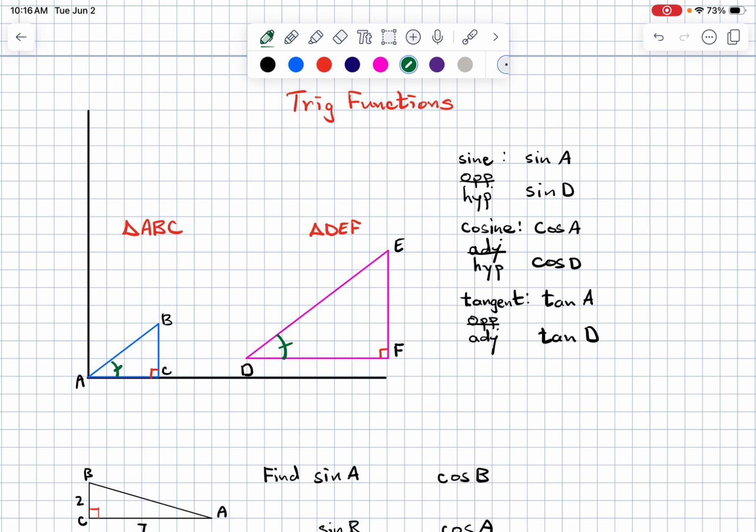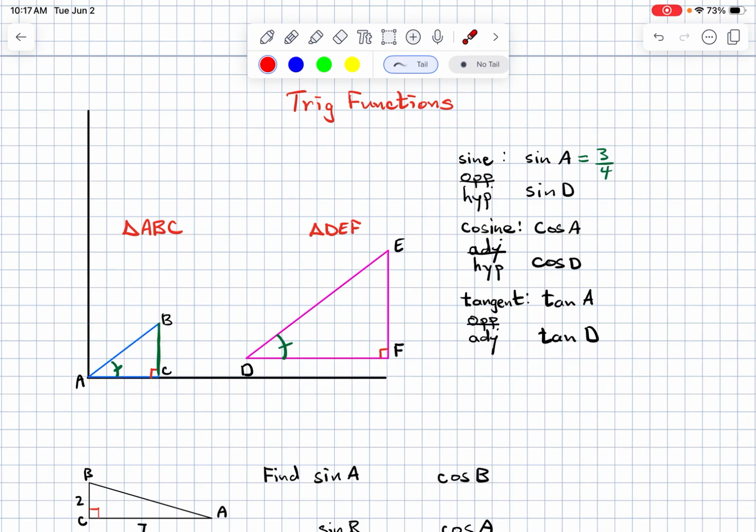So in this case, what I've got here is 3 over 4. I took this side, 1, 2, 3, and I put it over 1, 2, 3, 4.